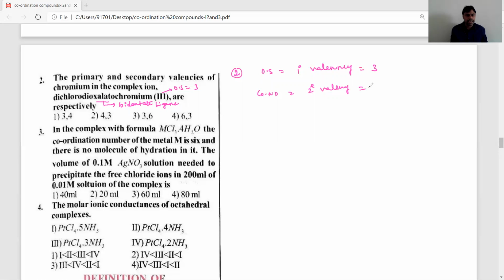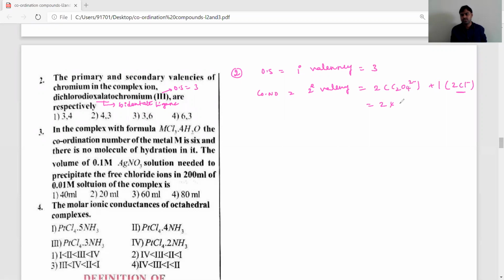oxalate ions, which are bidentate ligands. So how many bidentate ligands are present, dear students? Dioxalato: 2 into C2O4 2−, plus 2 chloride ions, so 1 into the number of monodentate ligands.